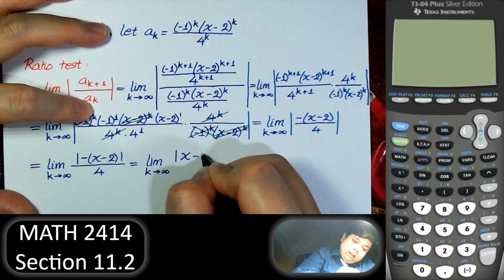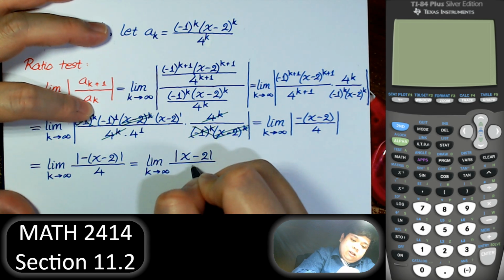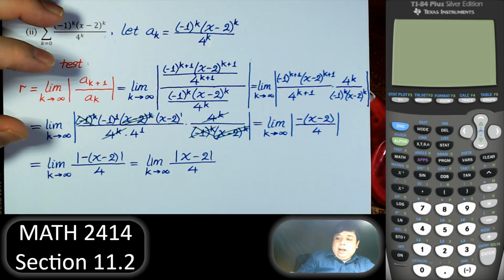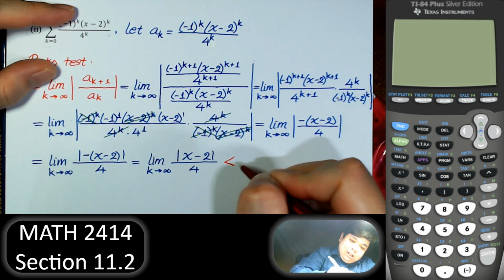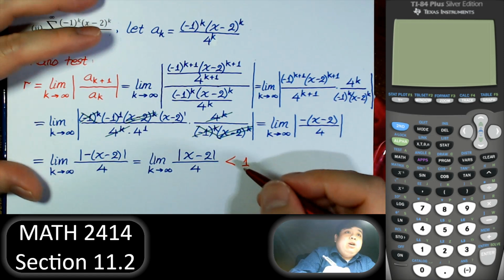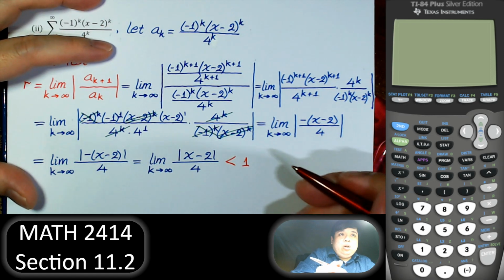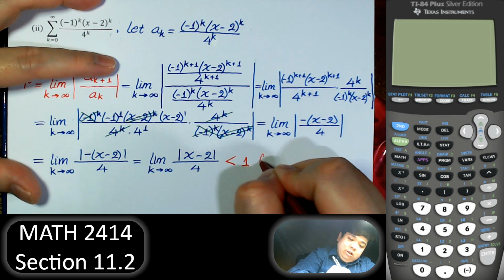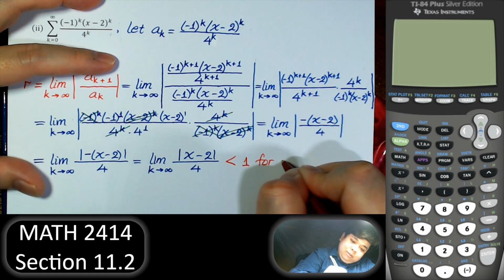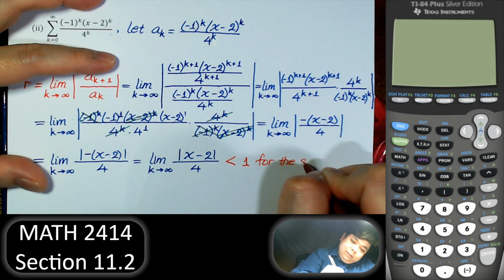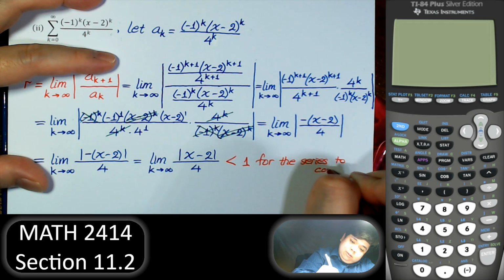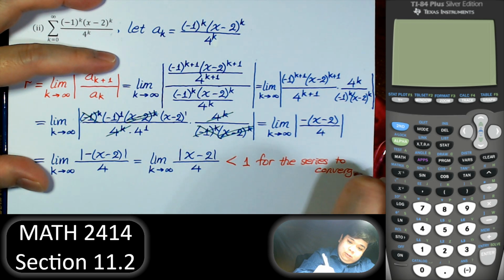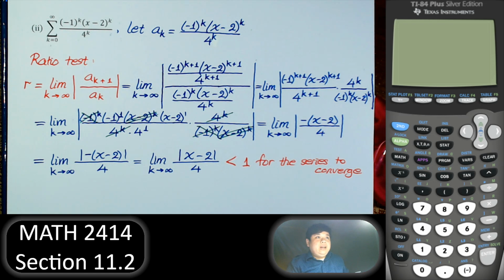Now, for the series to converge, this has to be less than 1.